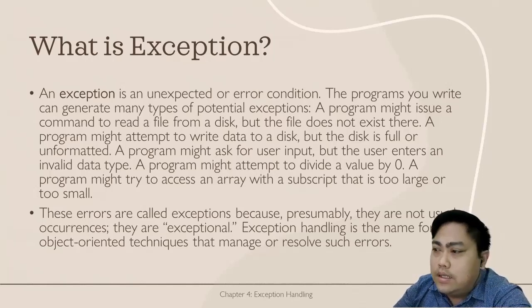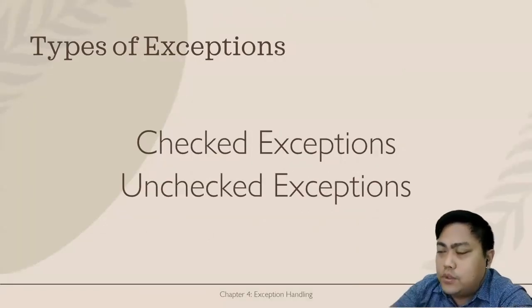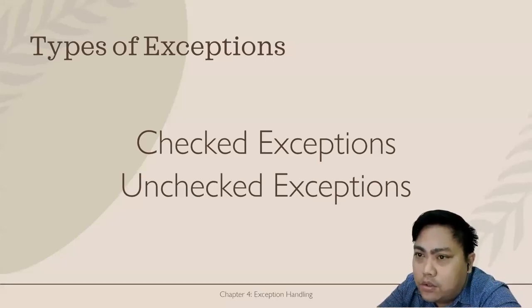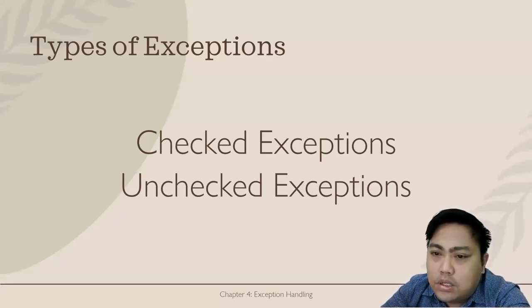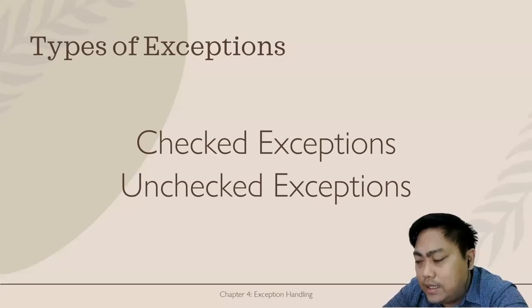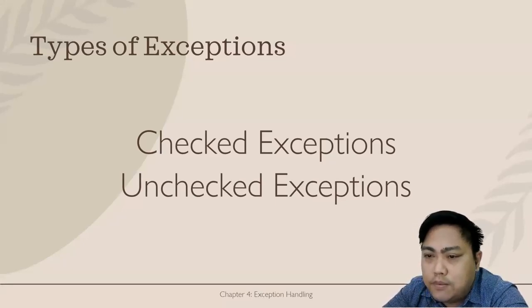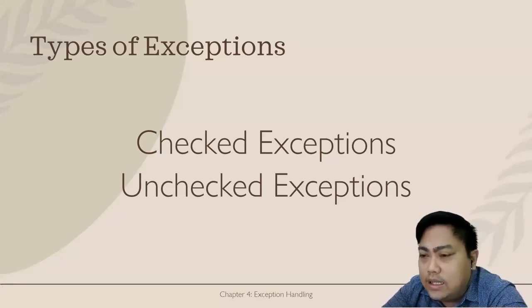Okay. So let's move. So there are two types, like what I mentioned, there are two types of exception. There are checked exceptions and unchecked exceptions. So the checked exceptions are those that the compiler requires the programmer to handle explicitly, either by catching the exception or by declaring that the method throws an exception.